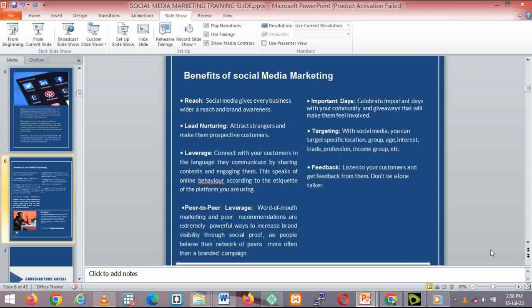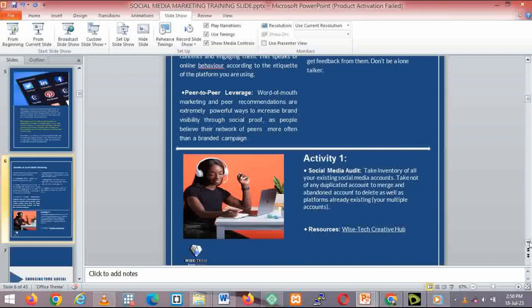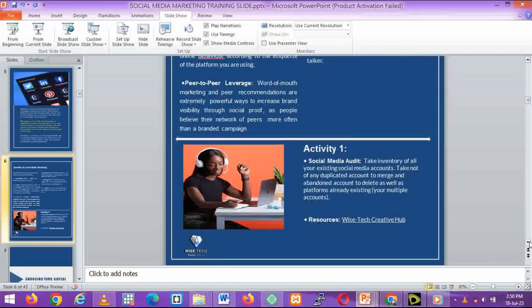The activity for this unit is that you are going to do a social media audit of your accounts. There's an audit form provided, with a link where you can get it, and use the form to audit your account.